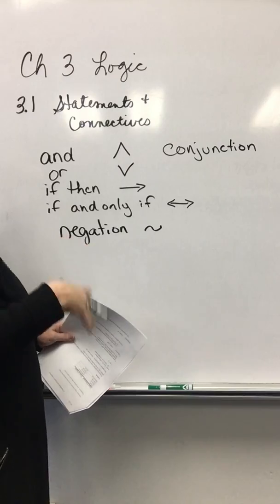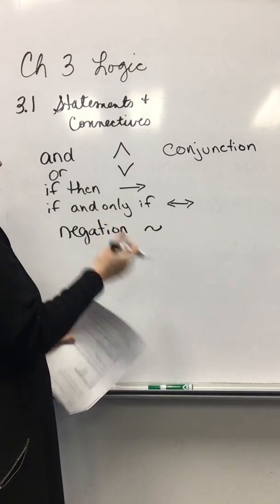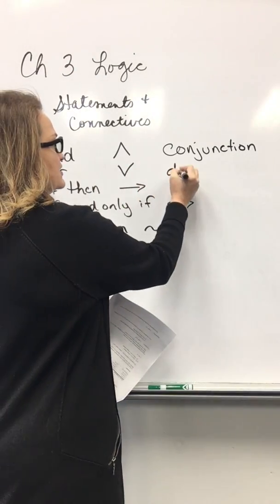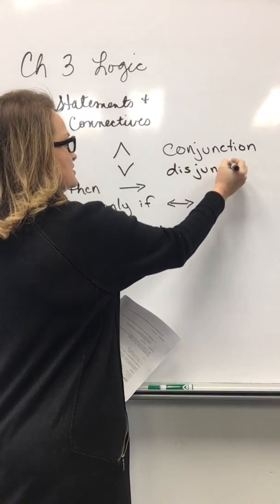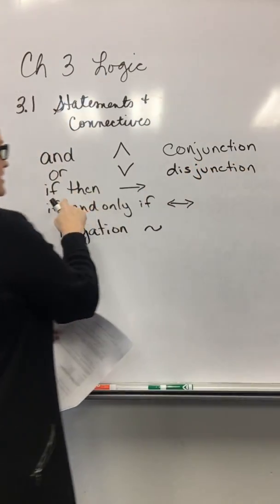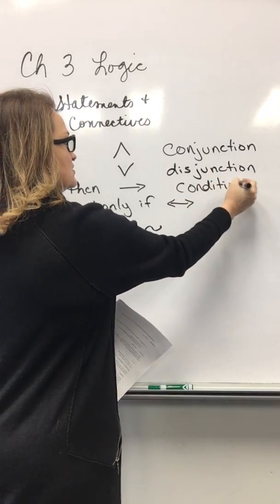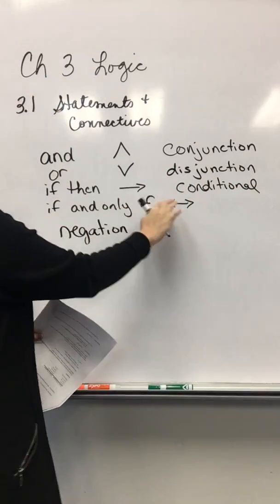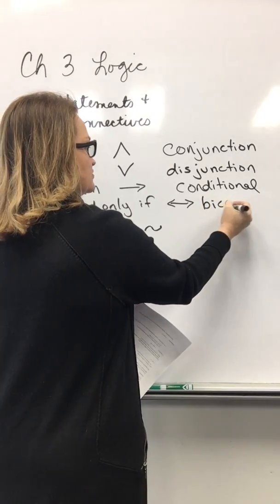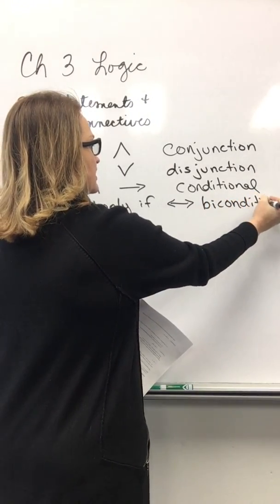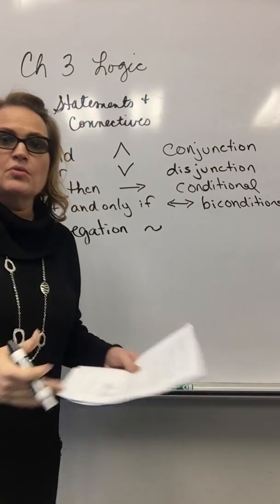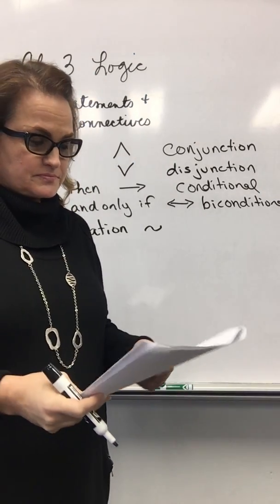You'll see that in your homework. They'll ask you if it's a conjunction or these other words. If it's or, that's called a disjunction. The if-then is called a conditional. The if and only if, the double arrow, is called a biconditional. Those are the words you'll need to know when you're doing your homework.